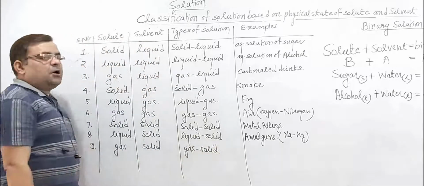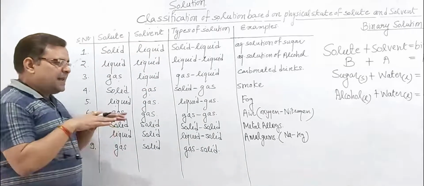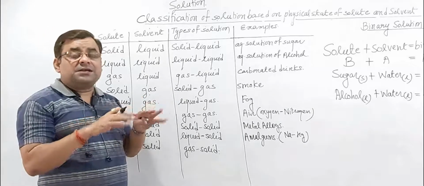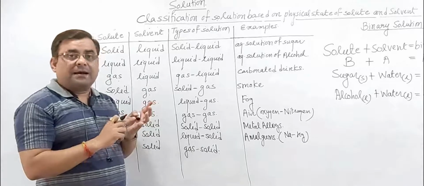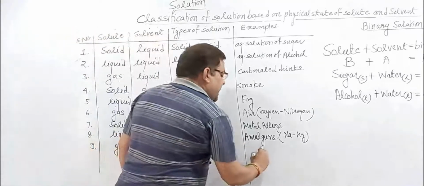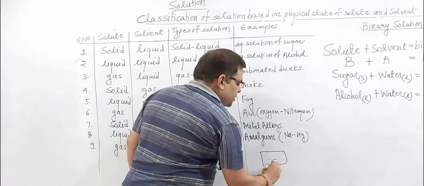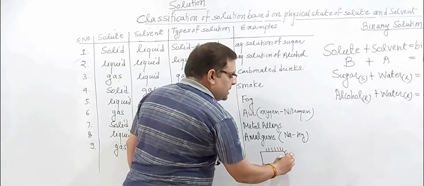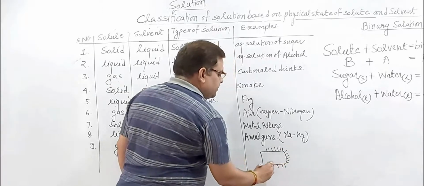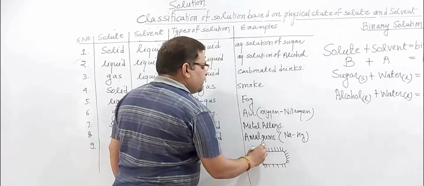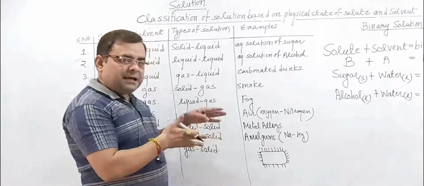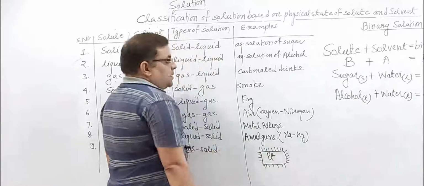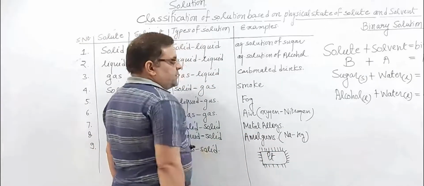So what is the example of gas in solid solution? If we pass any gas like hydrogen on the surface of any transition metal like platinum, palladium or nickel, then the gas gets adsorbed on the surface. All transition metals have some free valencies on their surface. If we pass any gas on the surface of a transition metal like platinum, the gas can be adsorbed on the surface of platinum.